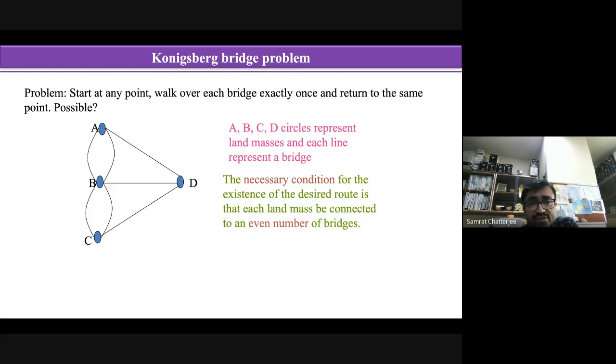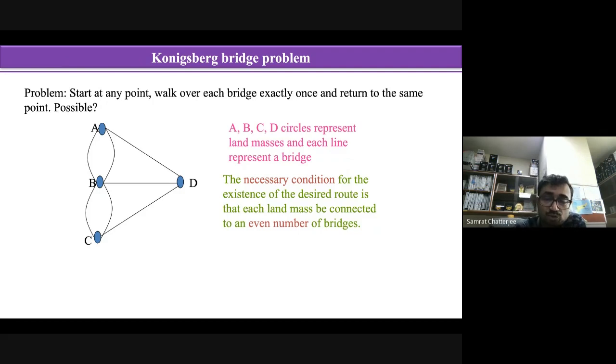He termed these the nodes and edges. Then what he showed is that if you start from one point, crossing all the edges and come back to that point, it will only be satisfied if the number of edges at each node is even.